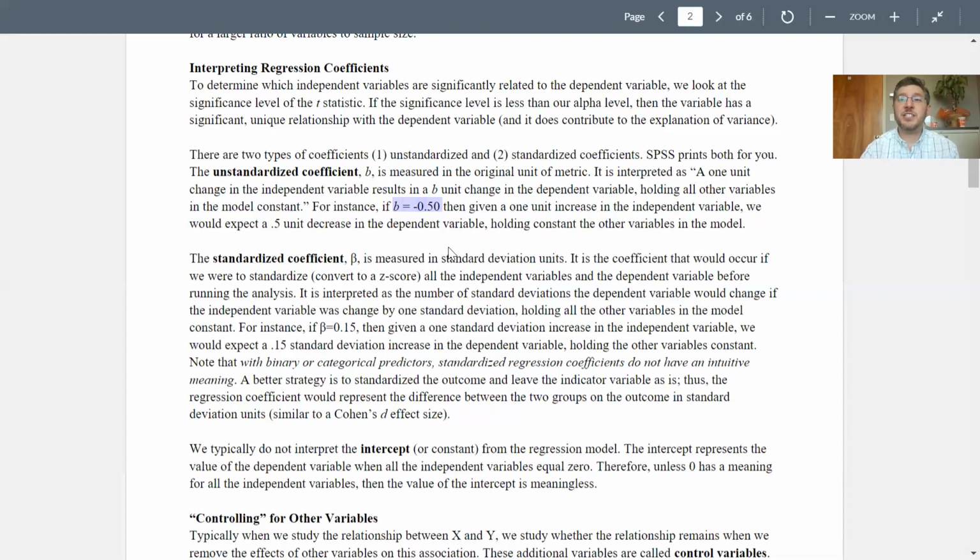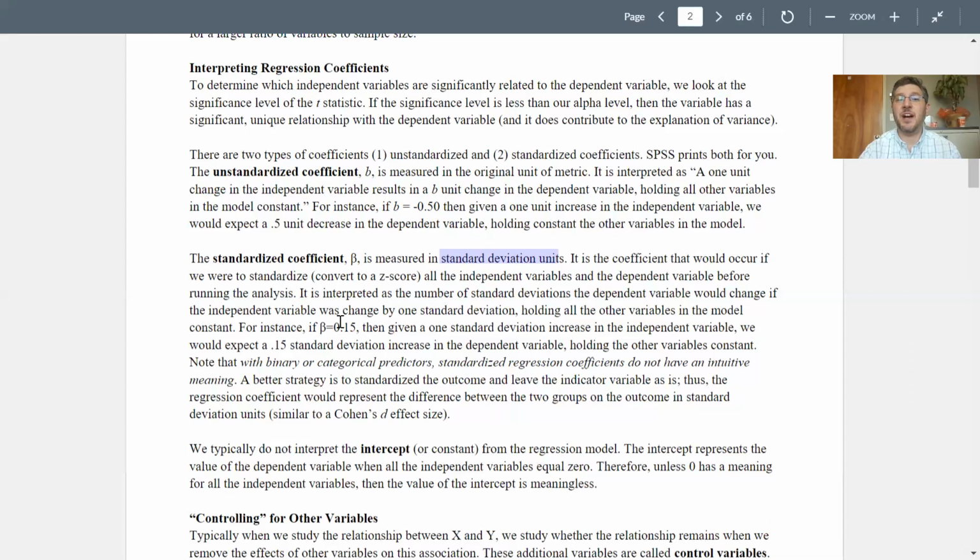So the unstandardized coefficient is in the original units of metric. The standardized coefficient is in standard deviation units. This is basically the regression coefficient we would receive if we standardized all of our independent variables and our outcome variable, so it converts them all into standard deviation units.